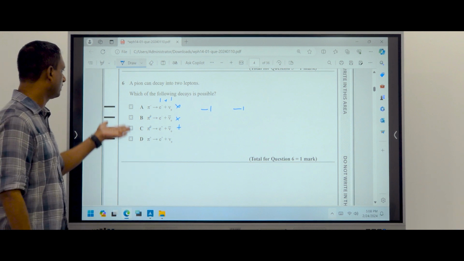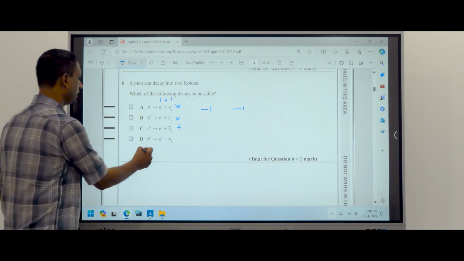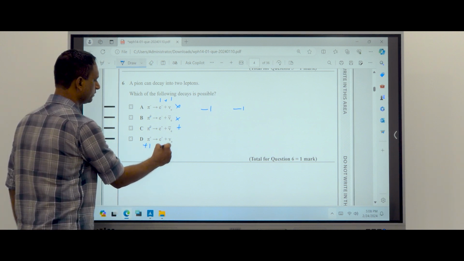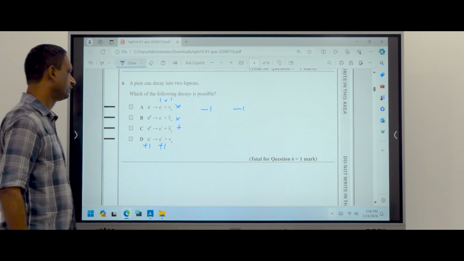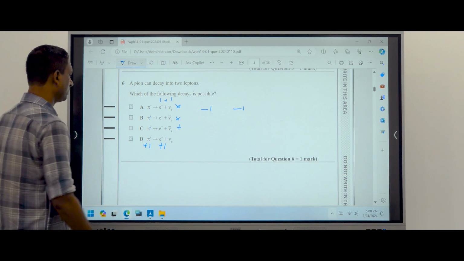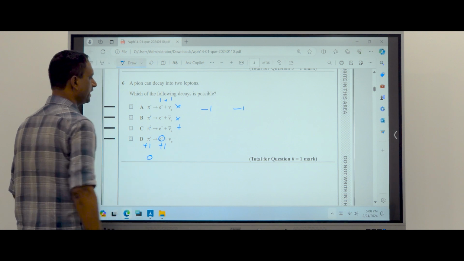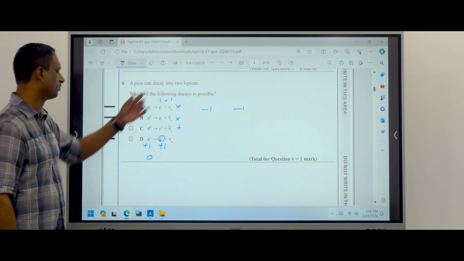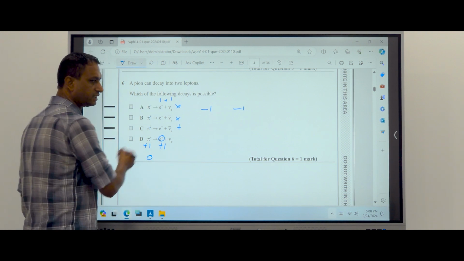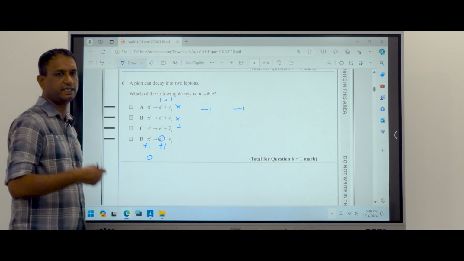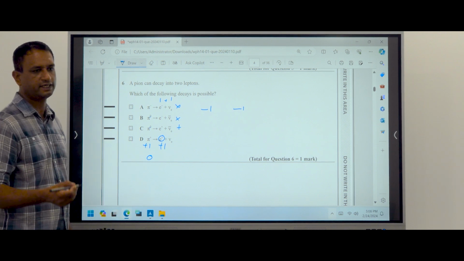Last one, charge is positive 1, charge is conserved. Now check the lepton number. Lepton number is 0 here. Here e plus means positron. Positron is anti-electron.